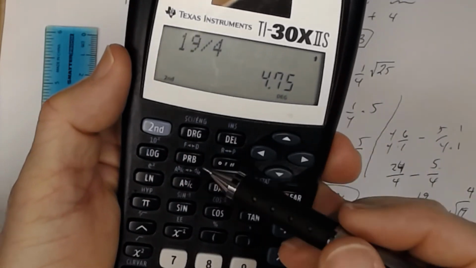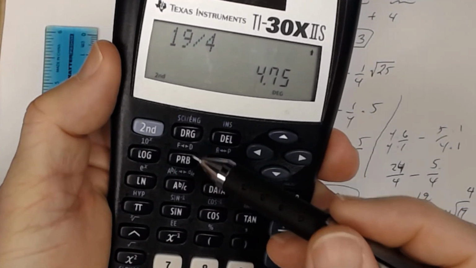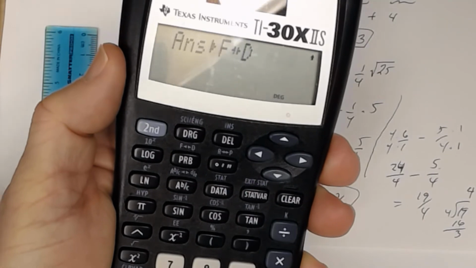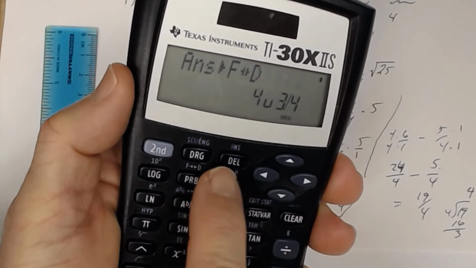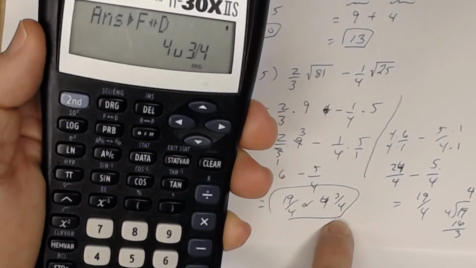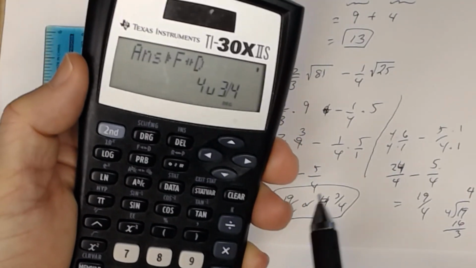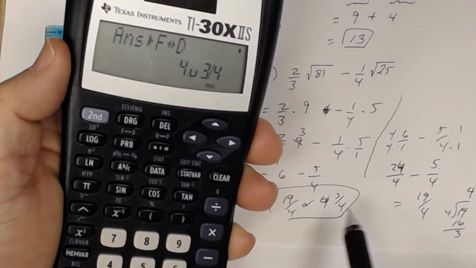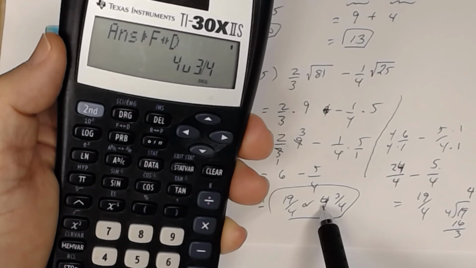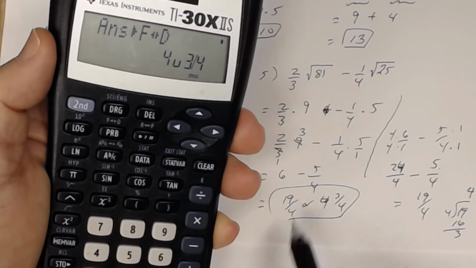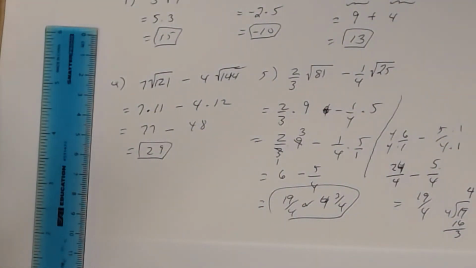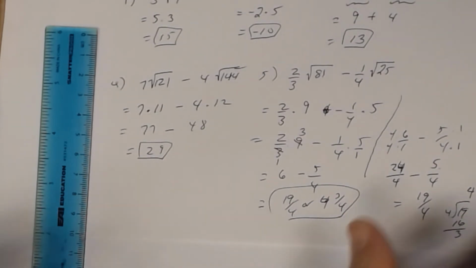You see where it says FD? And then I'm going to convert it, press equal, you get 4 and 3/4, which is what this is. And as an improper fraction, you say 4 times 4 is 16, 16 plus 3 is 19, so you get 19/4. Okay? So just make sure you know how to use your calculator.